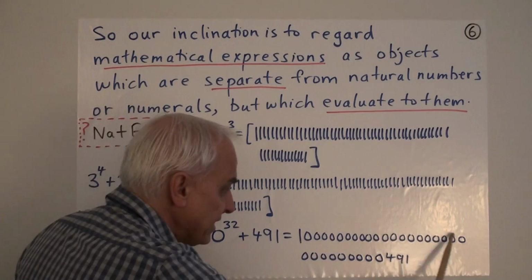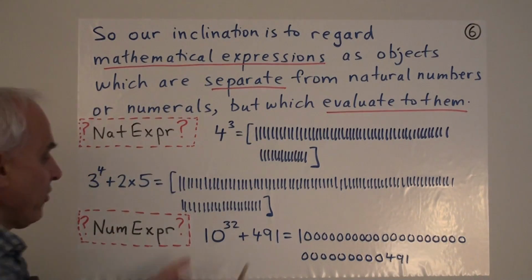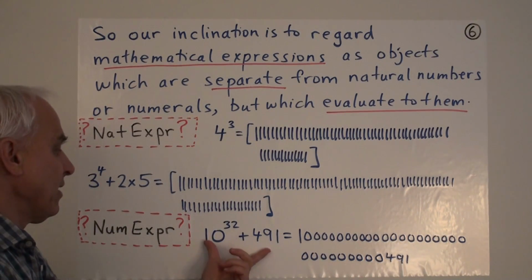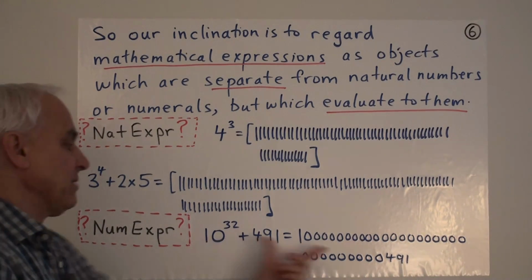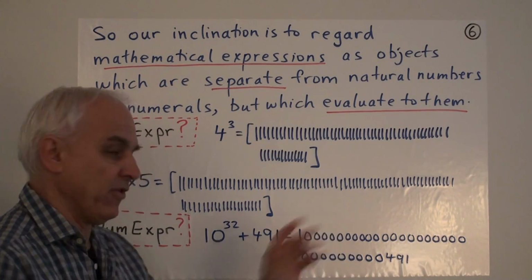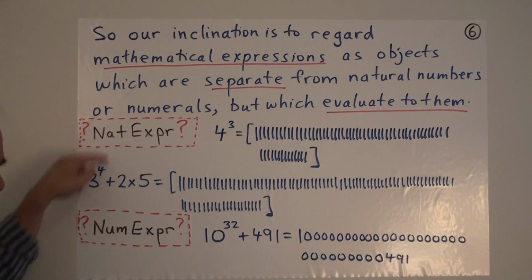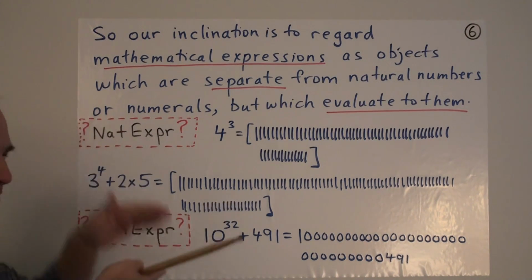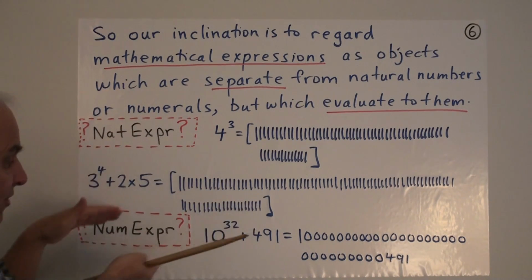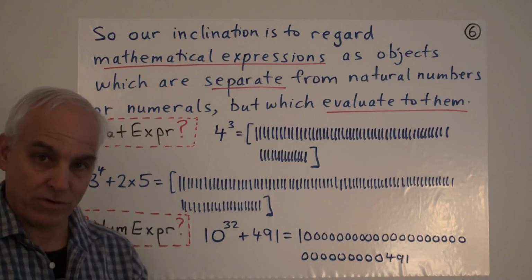So instead of writing this Hindu-Arabic numeral out, we could write this thing here and say, yes, this is a suitable replacement or name for this thing here. And there would be some difference between these things because the range of natural numbers is more limited than the range of Hindu-Arabic numerals.